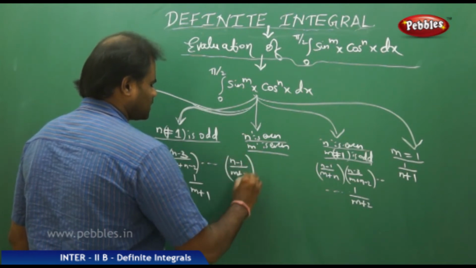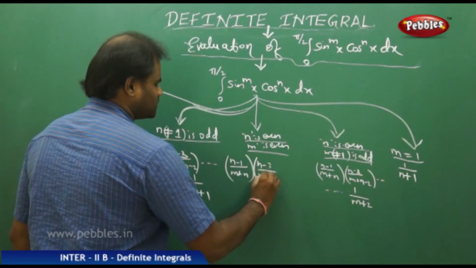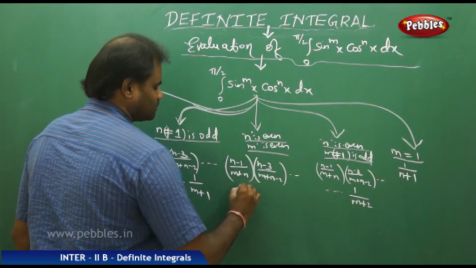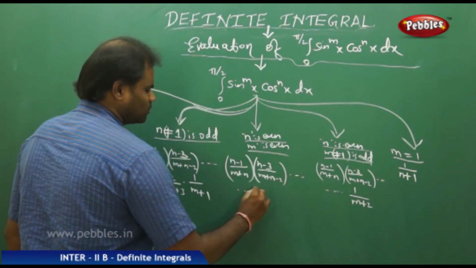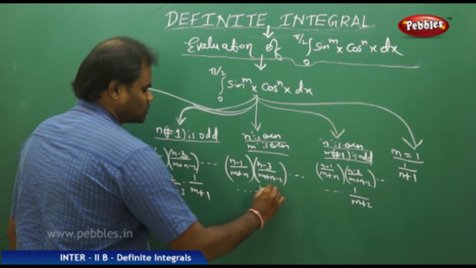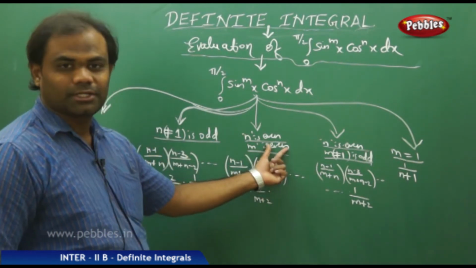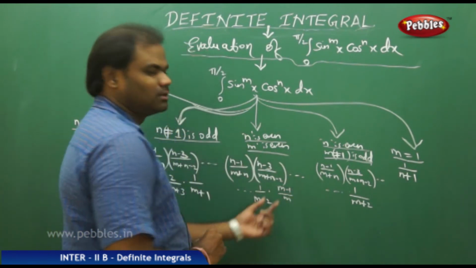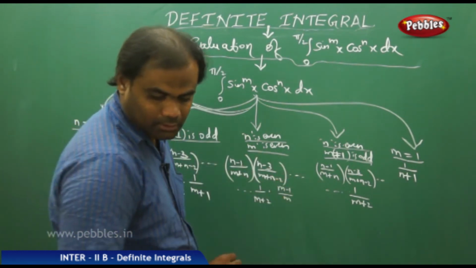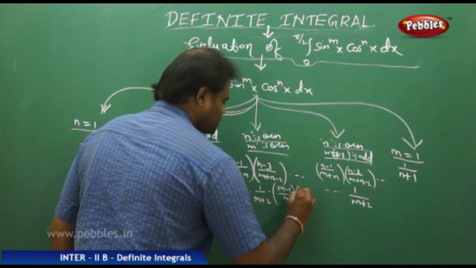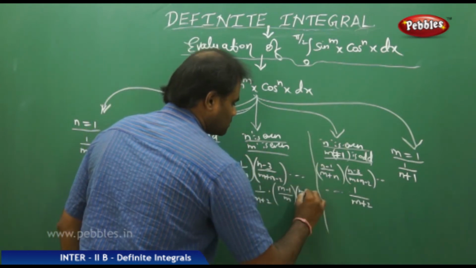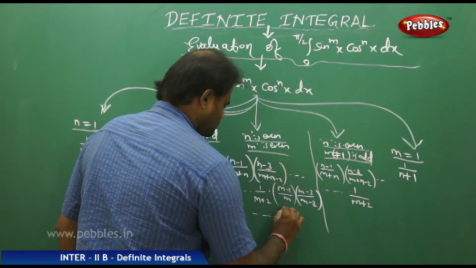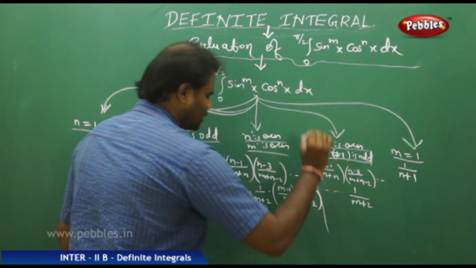Now therefore, in the case of n even and m even, I have n minus 1 by m plus n, n minus 3 by m plus n minus 2, and so on and so forth till 1 by m plus 2. Continuing, since m is even, I have m minus 1 by n, and then next is m minus 3 by m minus 2 of 1 by 2 and pi by 2.